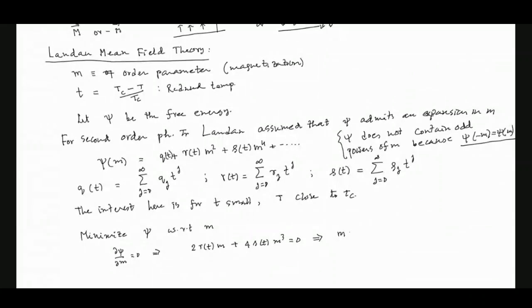One solution is m is equal to 0, since I have m here and m cube here. The other two solutions are m is equal to plus minus square root of minus r of t divided by 2s. So there are three solutions.